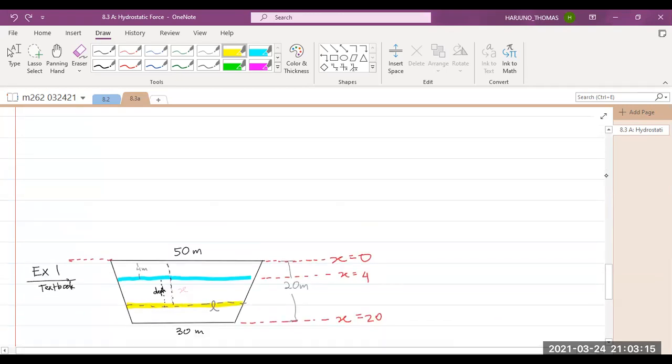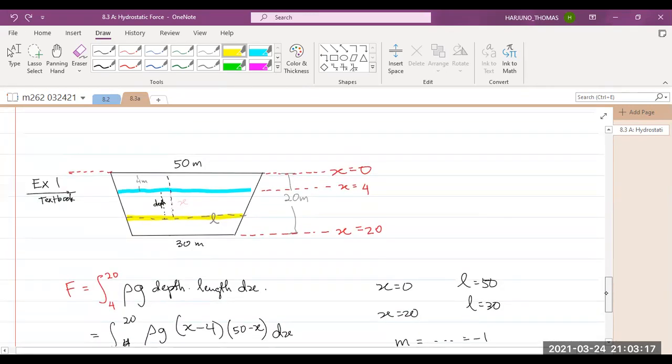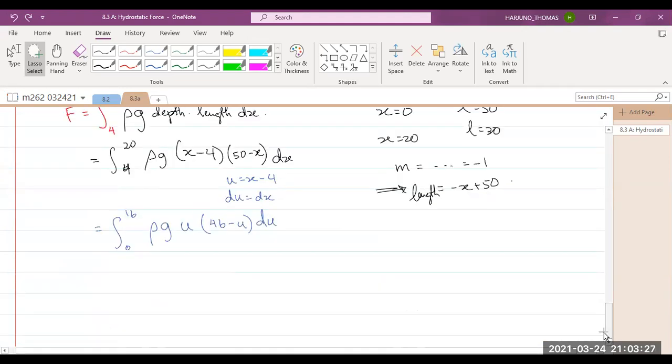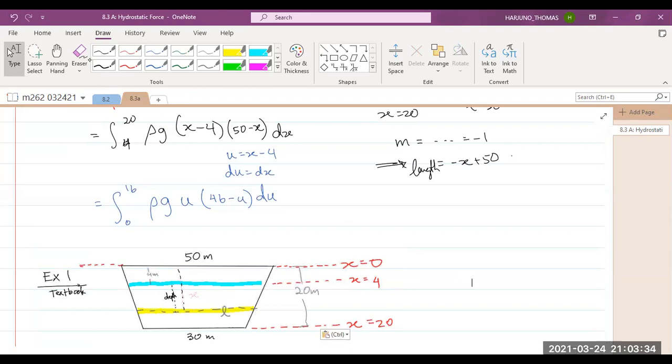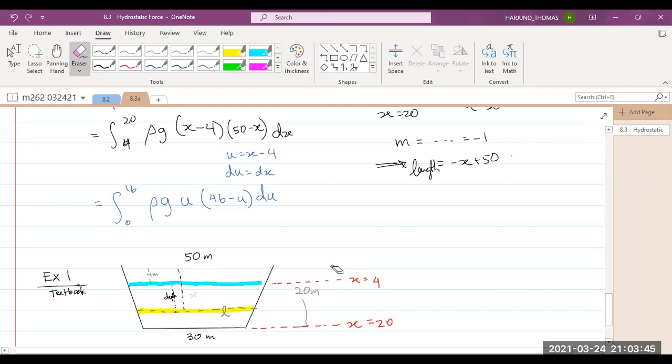The third way, basically, I use the same graph again. Let me copy paste that now. The third method will be doing it from the bottom. So instead of having my x starting from the top, I start from the bottom.